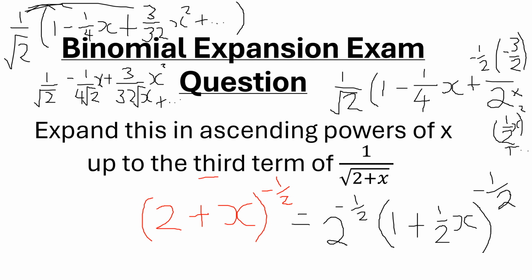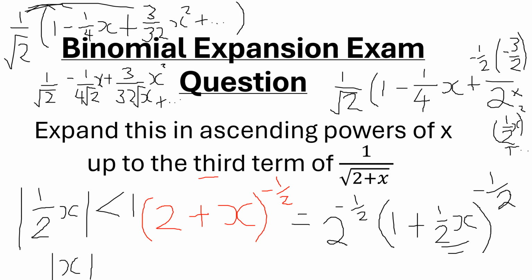Lastly, it might say to you, what is the range for which my binomial expansion is valid? That is when the modulus of ax is less than 1. So when the modulus of x is less than 2, that is the range of values for which the expansion is valid.